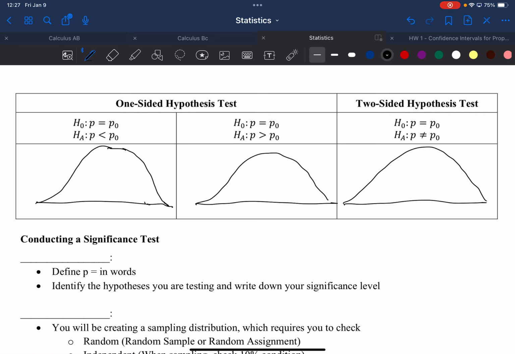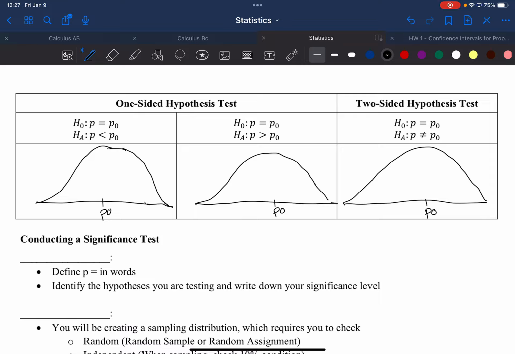For each of these normal curves, we're assuming that the mean within each of them is p naught. P naught is that number that you originally claimed. Then, depending on what side the hypothesis is on, we're looking at one-sided first, is where your p hat value is going to go.